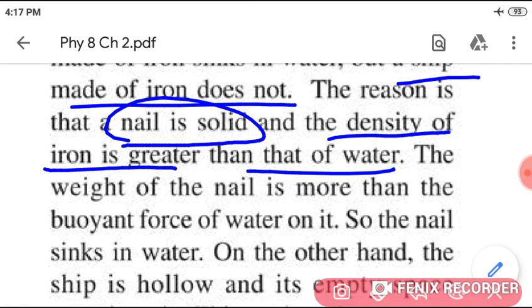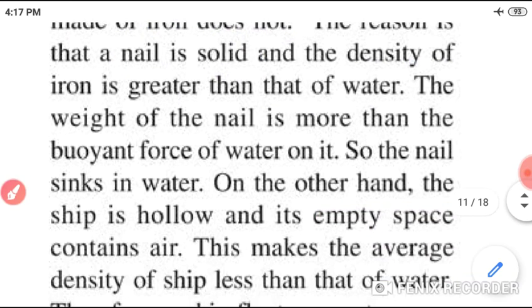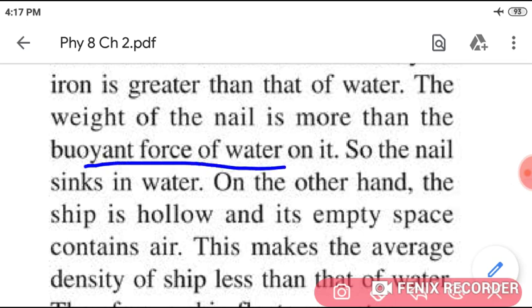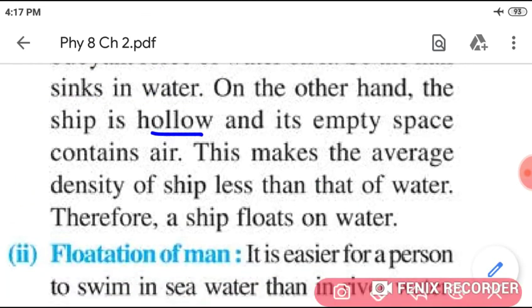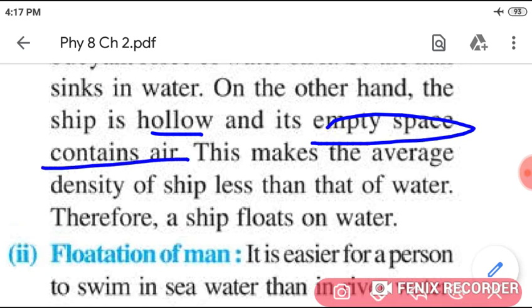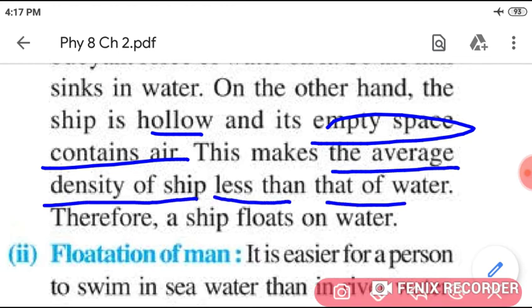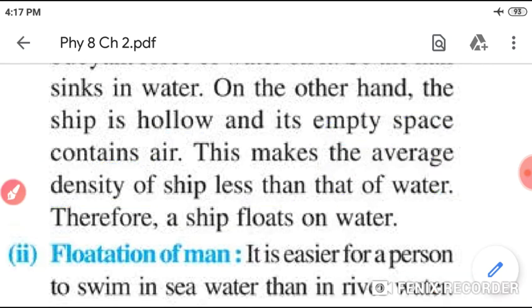The weight of a nail is more than the buoyant force of water on it. That is why the nail sinks in water. On the other hand, the ship is hollow and its empty space contains air. Because of this, the average density of the ship is less than that of water. That is why a ship floats on water.